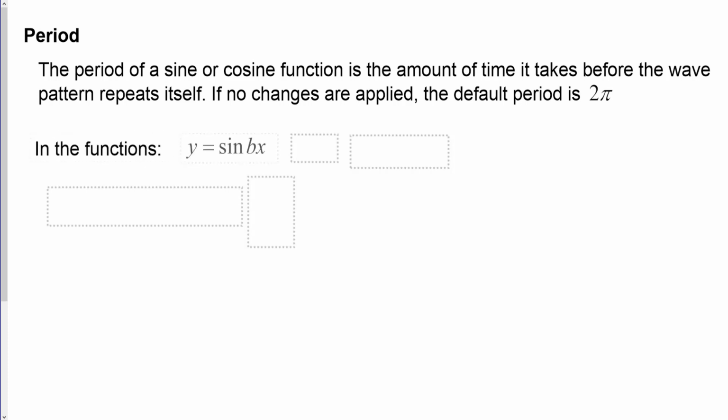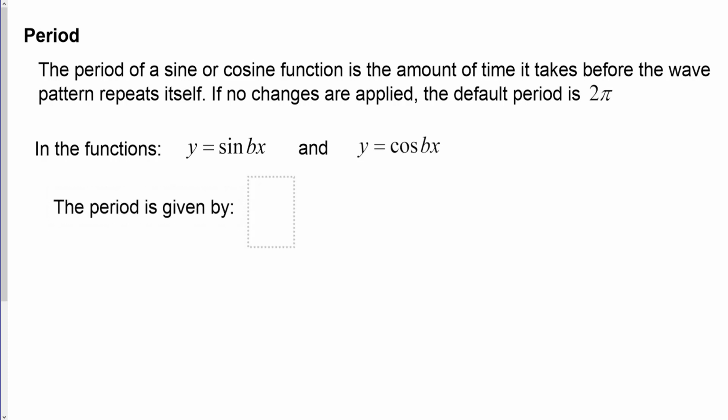In the functions y equals sine bx and y equals cosine bx, the constant is now multiplying the angle measure and not the function itself. The period is given by 2 pi divided by the absolute value of b. So the original period is 2 pi.